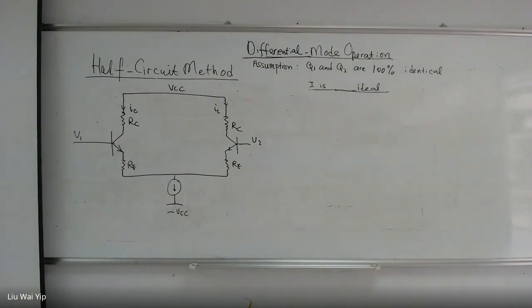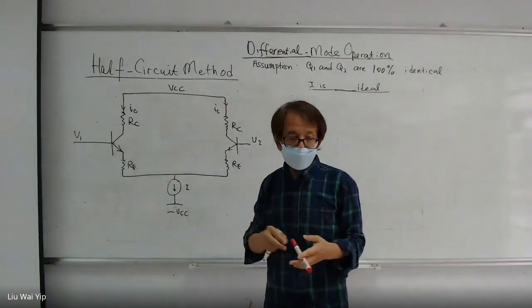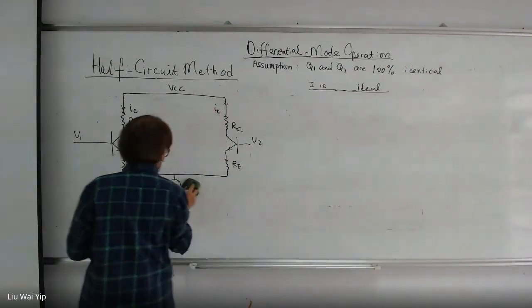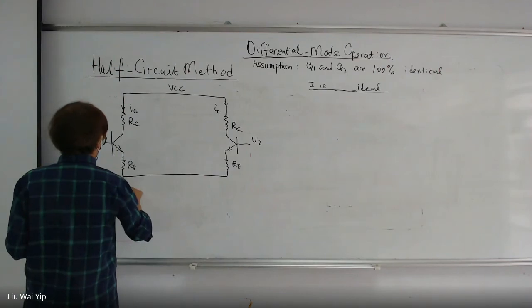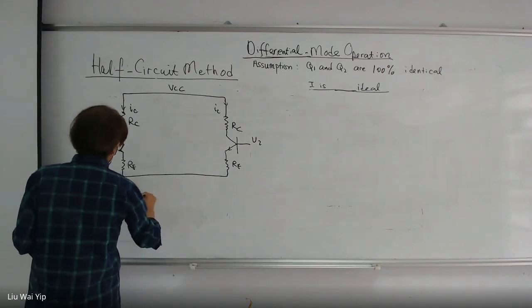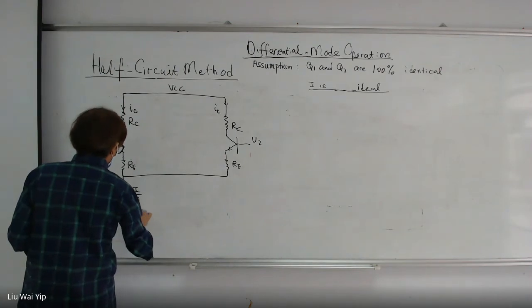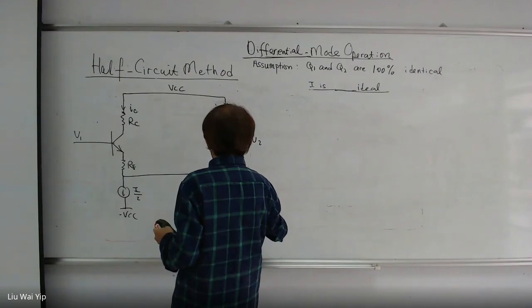Now, first of all, we have already learned it. You have I here, then we just split this current source into two halves, I divided by 2 and I divided by 2.